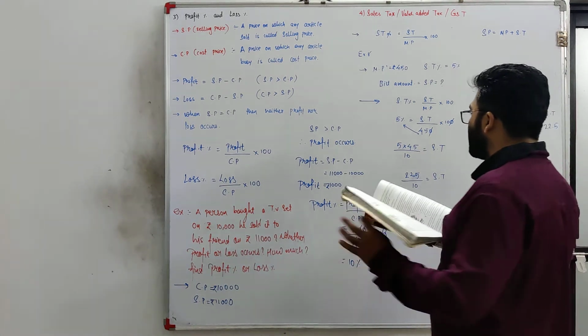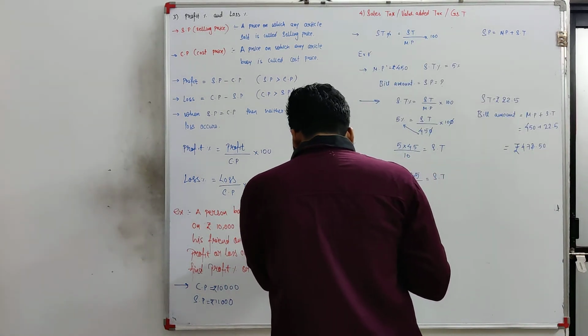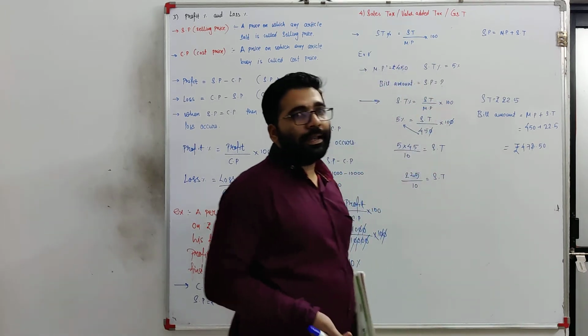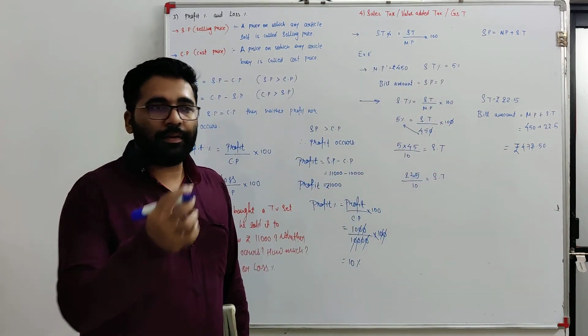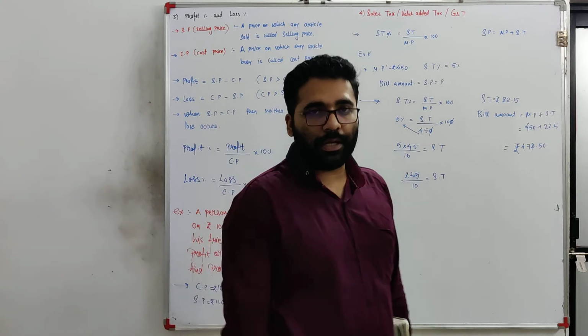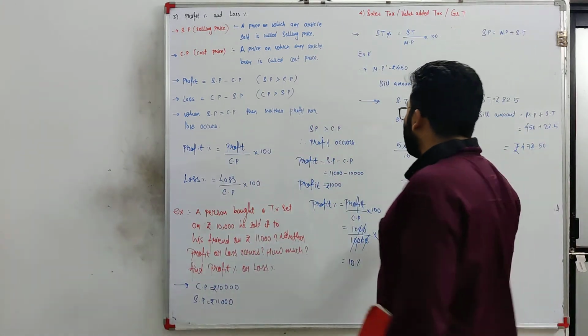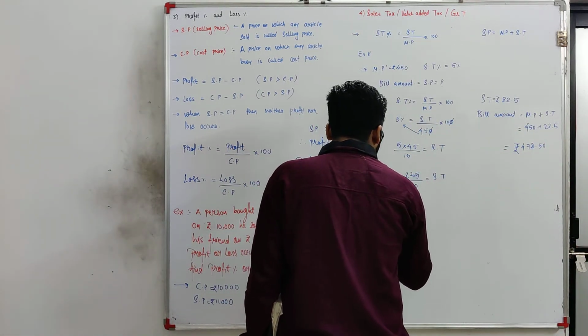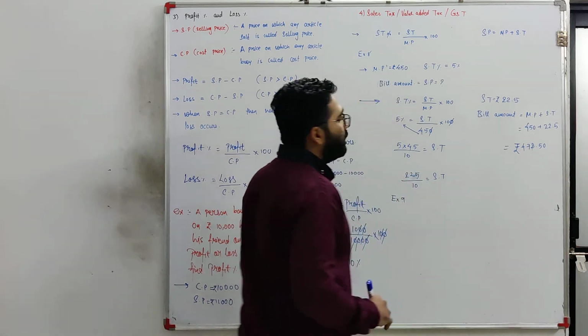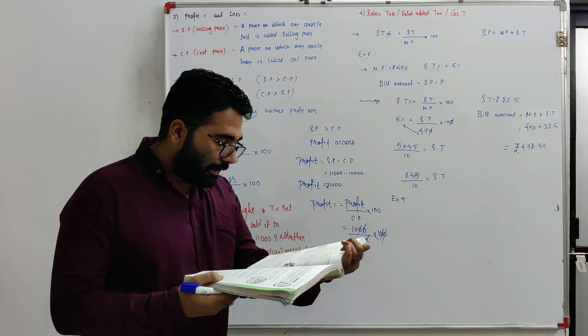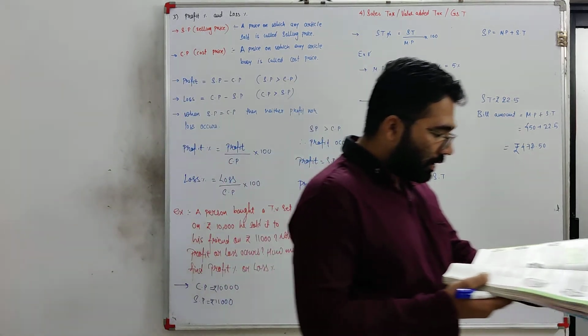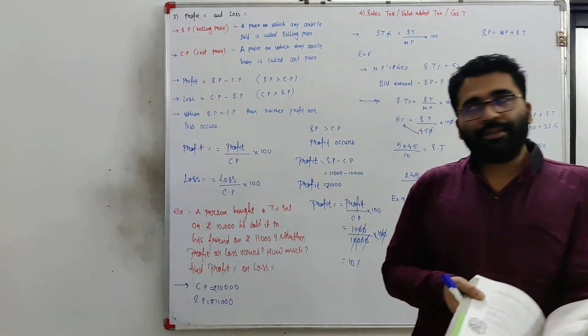Now one more question which clears our topic, value added tax. Value added tax means the tax that occurs on the value of the object. So let me see example number 9, which clarifies the value added tax. Value added tax is also given on the cost price or mark price.